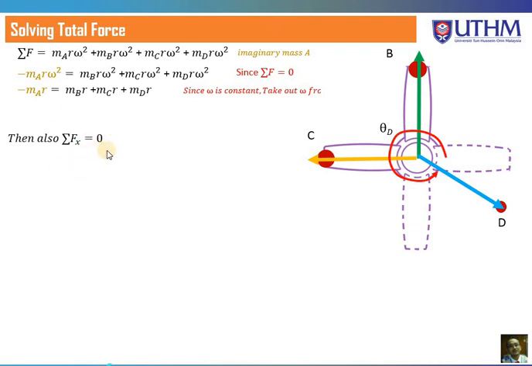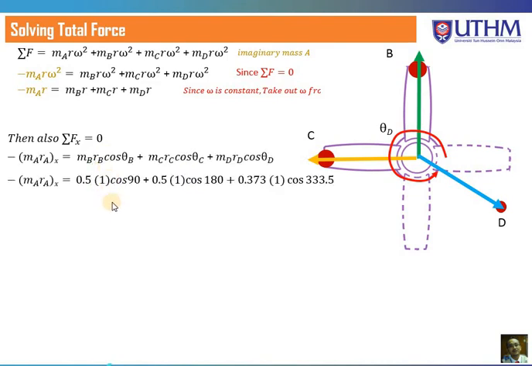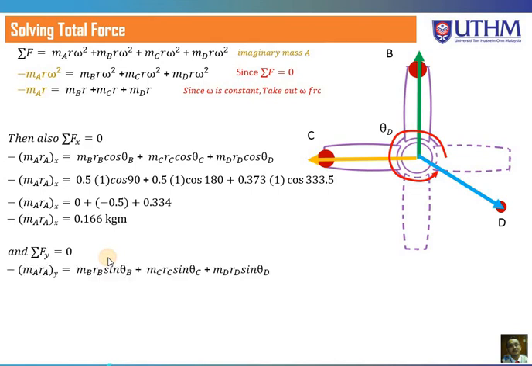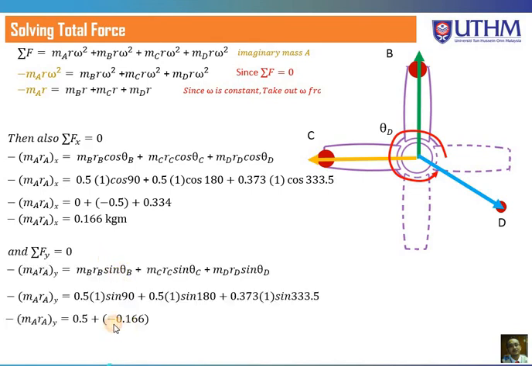When you want to solve, you have to consider the components of X and Y. Plug in the known values of M and R for individual A, B, C or D, and in the end you reveal that the force of A at the x-axis is equal to 0.166 kgm, and the force acting at the y-axis is equal to negative 0.334 kgm.